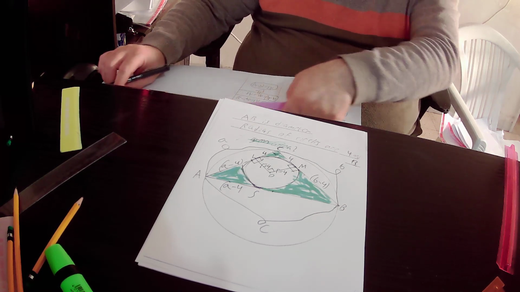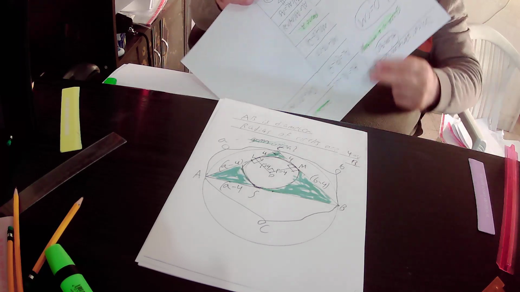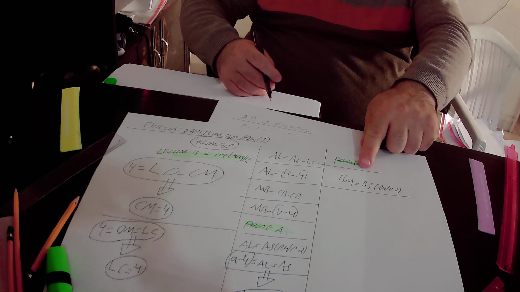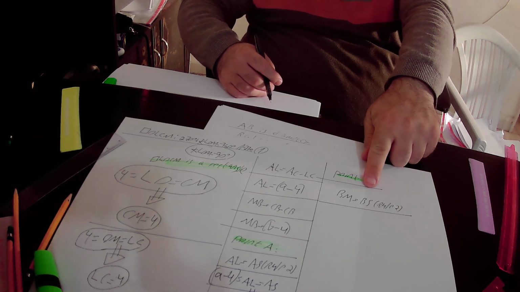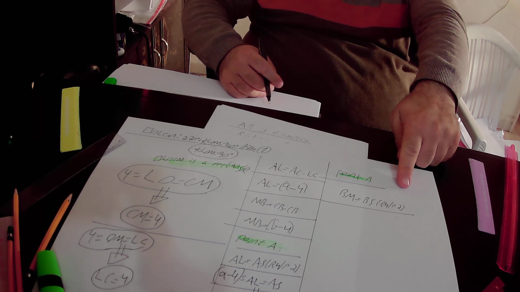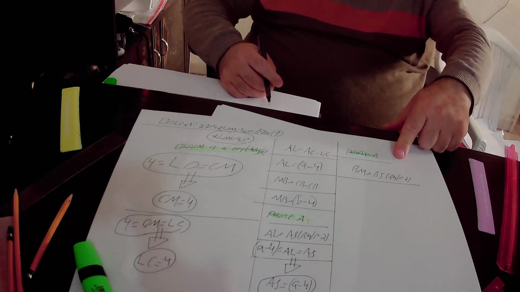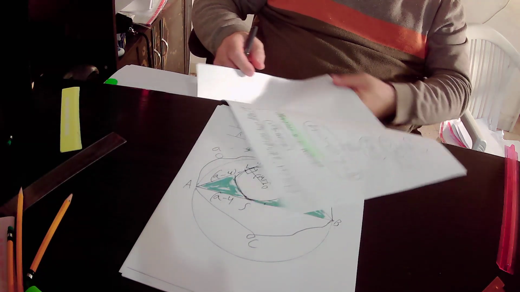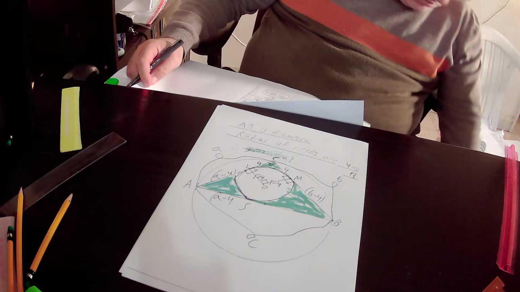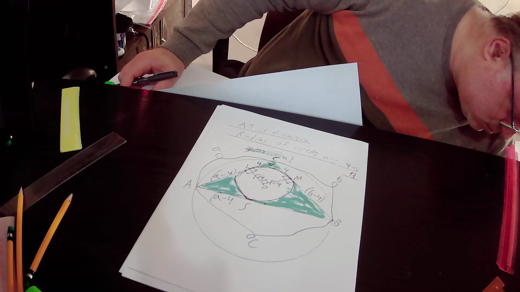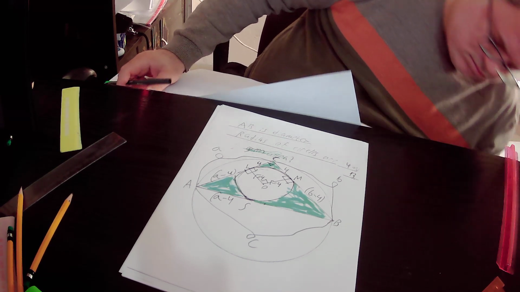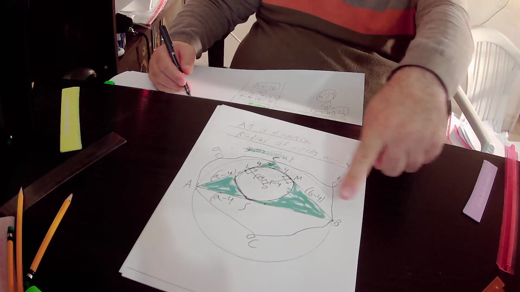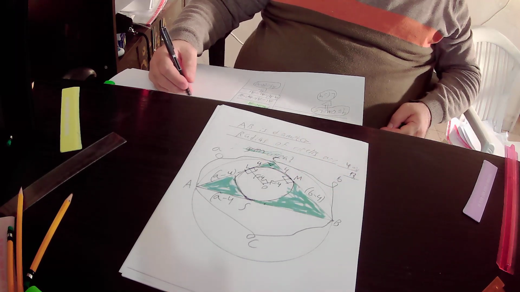And according to rule number 2, the lengths of those two tangents are equal to each other. That is to say, BM equals BS according to rule number 2.